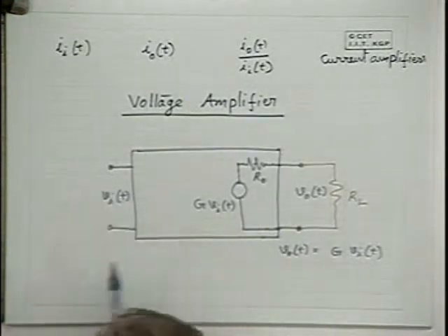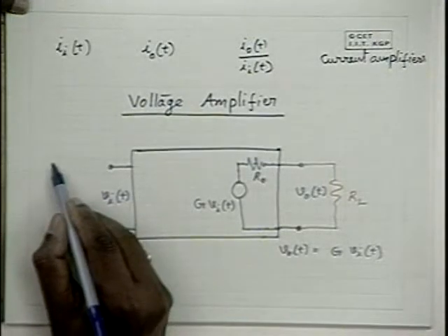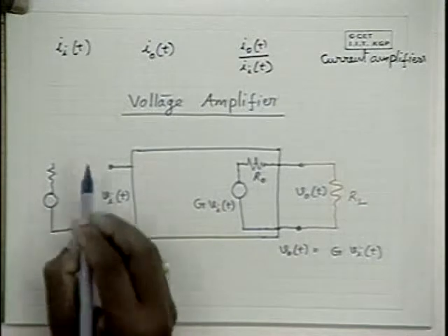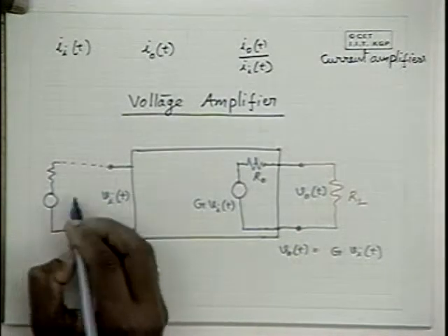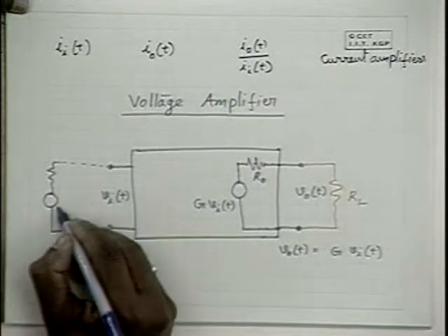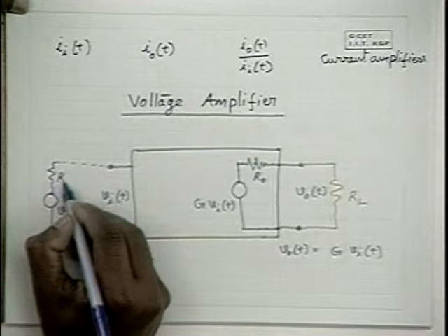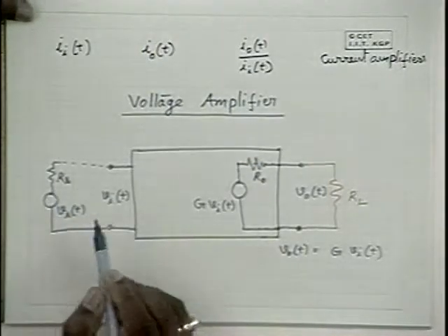Now let us look at the input side. There can be a practical voltage source applied to this, with the source voltage being V_ST, and the source may have some source resistance R_S, because all sources are practical sources, not ideal.